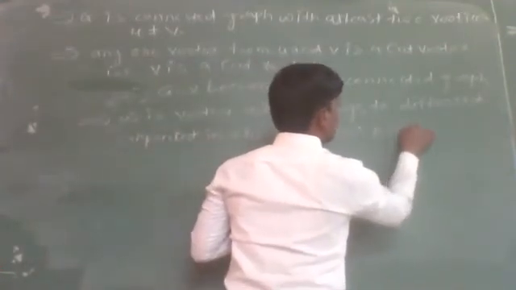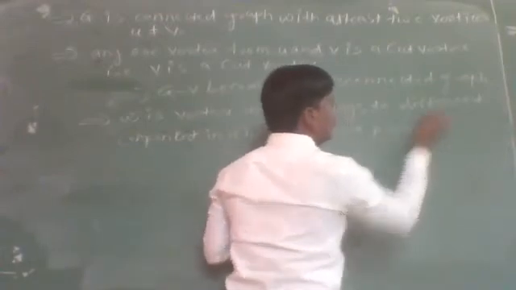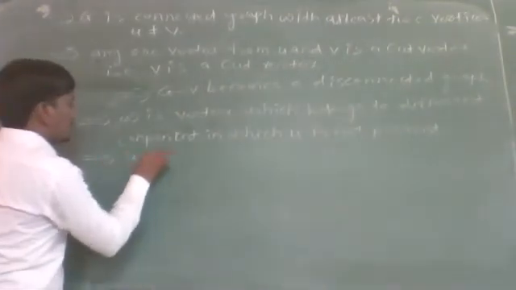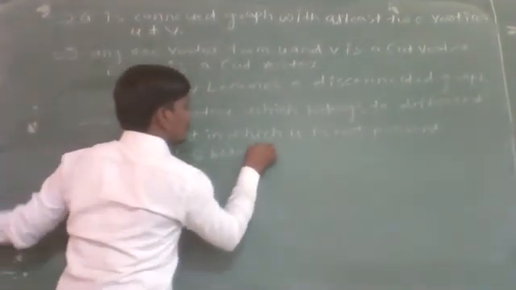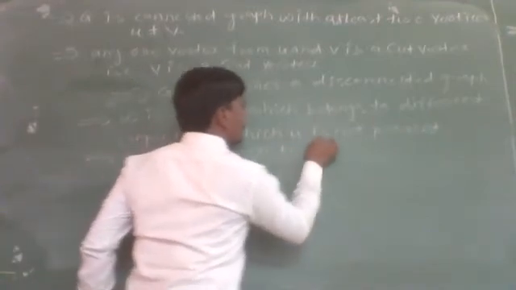Which implies U and W belong to two different components.